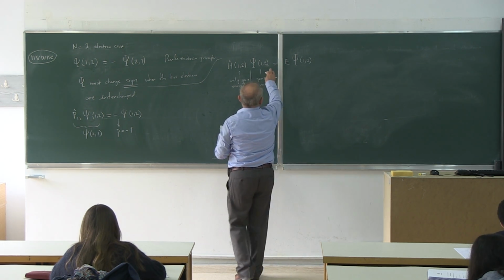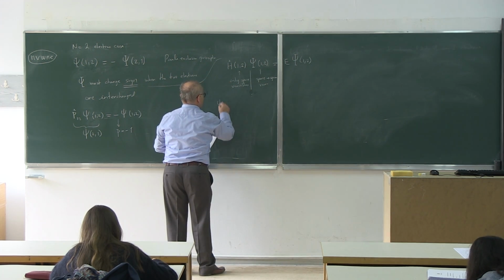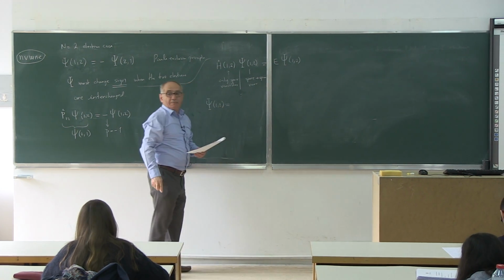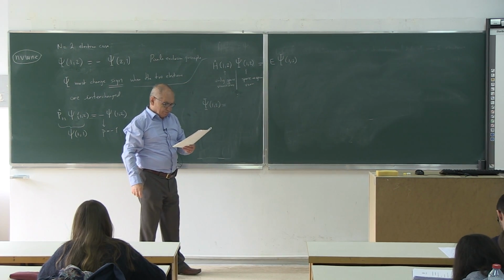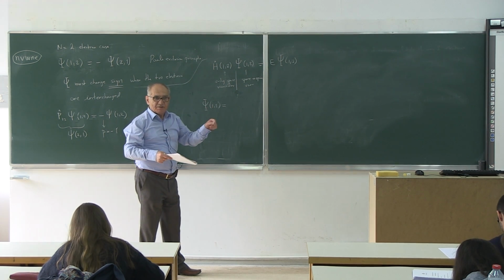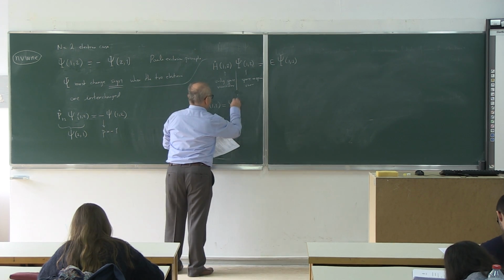Now, this function for two electrons, psi(1,2), can be written as a product of a space part times a spin part in the following manner.